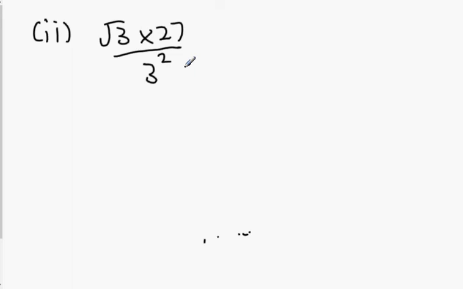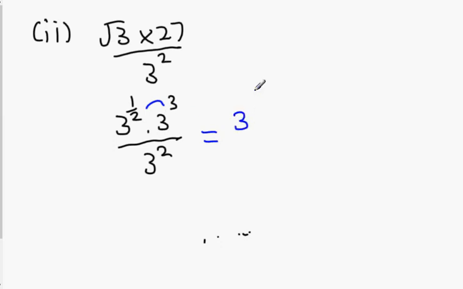Let's do this the way I taught you. 3 to the power of a half, 27 is 3 cubed, and the bottom here is 3 squared. What's the rule for the top one? Owen, what do you do for this here? You add them. So 3 plus a half, which is the same thing as 7 over 2.